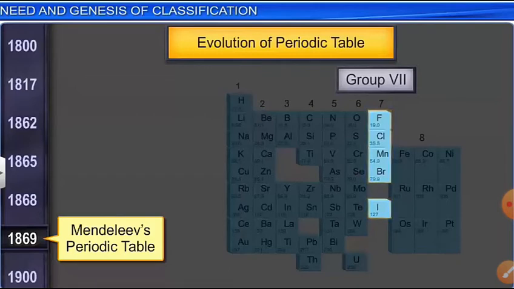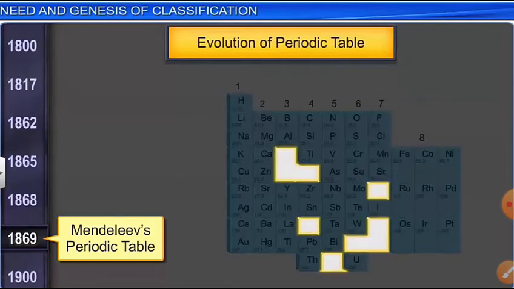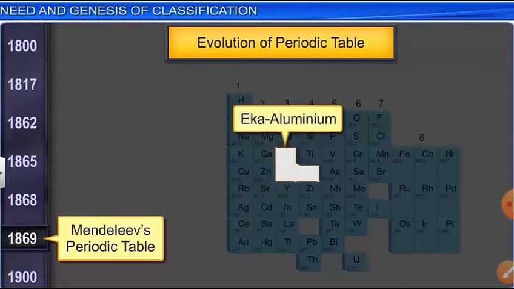He even left a few vacant spaces in between, because he knew that elements would be discovered later on which would have similar properties to those of aluminium, and these were later named germanium, gallium, etc. They were earlier called Eka boron, Eka silicon and Eka aluminium.